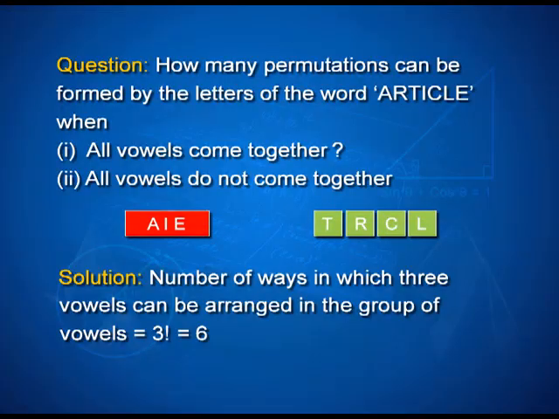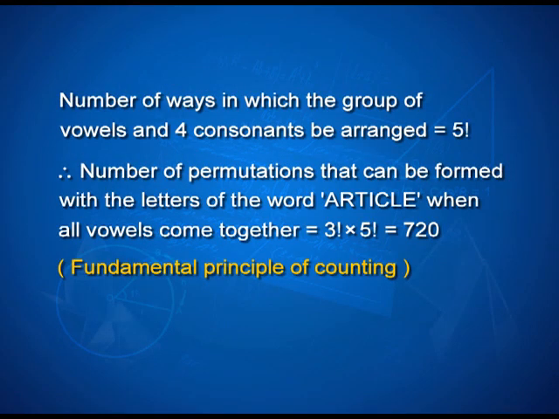But what about the arrangement within this group? I can always have a possibility of writing the 3 vowels in different ways. So, A, I, E can be permuted within the group in 3P3, that is 3 factorial ways, that is 6 ways. And the number of ways in which this group of vowels and 4 consonants can be arranged was 5 factorial.